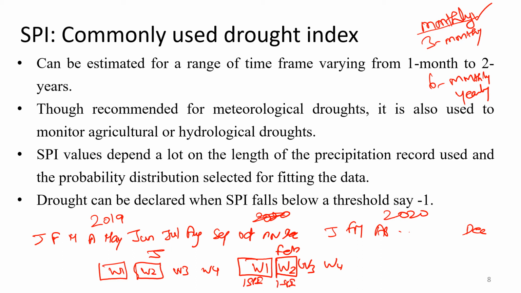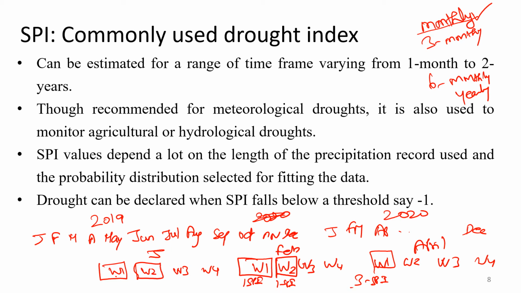So like this. Similarly, if I use the April record, week 1, week 2, week 3, week 4. If I use the April record, week 1 in January to week 1 in April, I will publish a 3-month SPI: Jan to Feb, Feb to March, March to April.